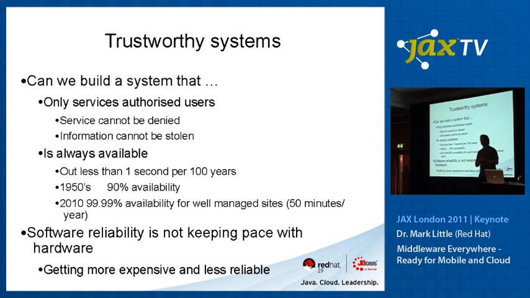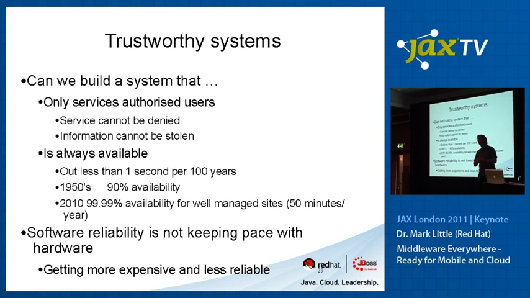And what would be the perfect trusted system? Well, a perfect trusted system would be one in which it is absolutely impossible for anybody other than an authorized user to access it. You can't have denial of service attacks on things. You can't have your information stolen, even inadvertently. And a perfect trusted system is one that is always available.